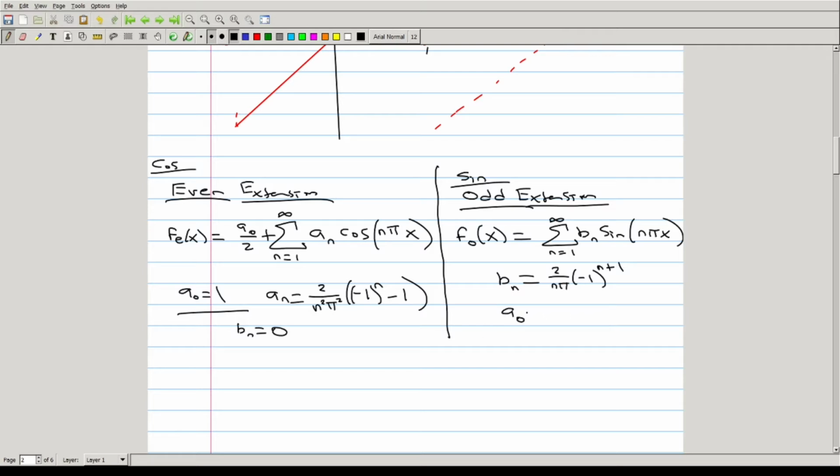And because it's an odd extension, a naught is 0 and an is also 0.